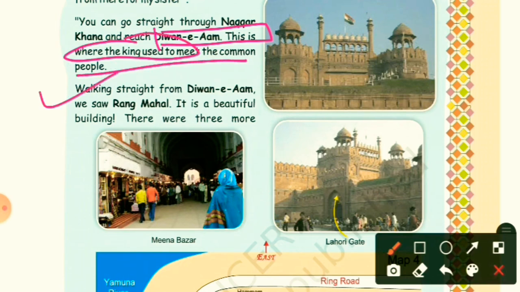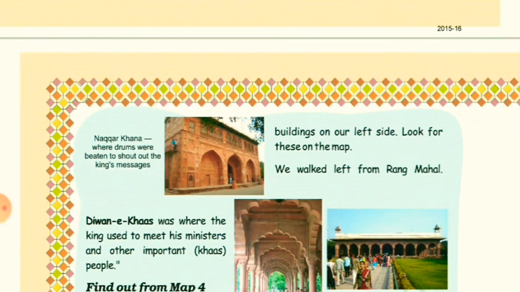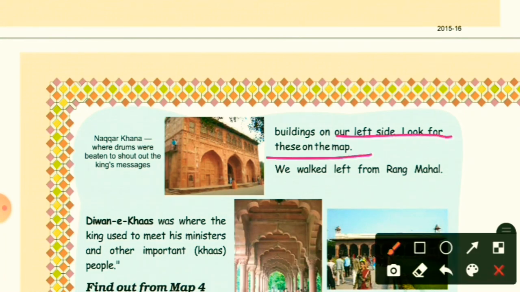Now next is Diwan-e-Khas. Walking straight from Diwan-e-Am, we saw Rang Mahal, and it is a beautiful building. There were 3 more buildings on the left side. Look for this on the map. So Nakkar Khana, you can see this is a picture, and it was the place where drums were beaten to shout out the king's message.